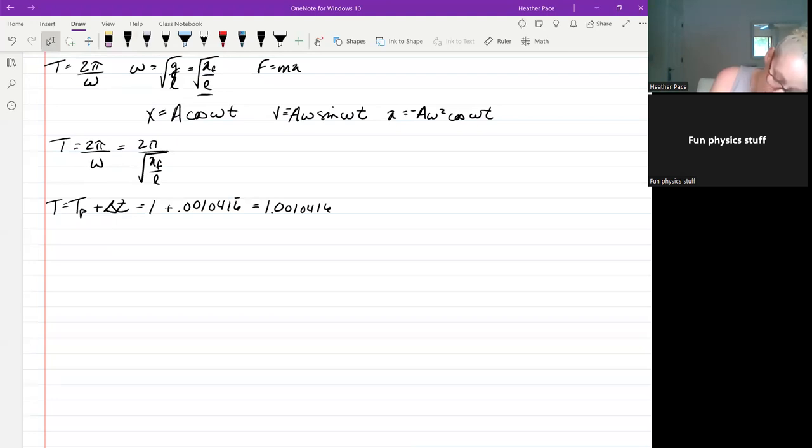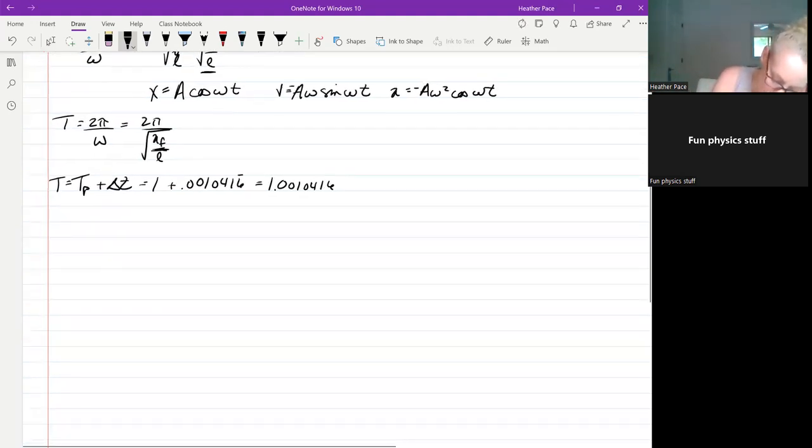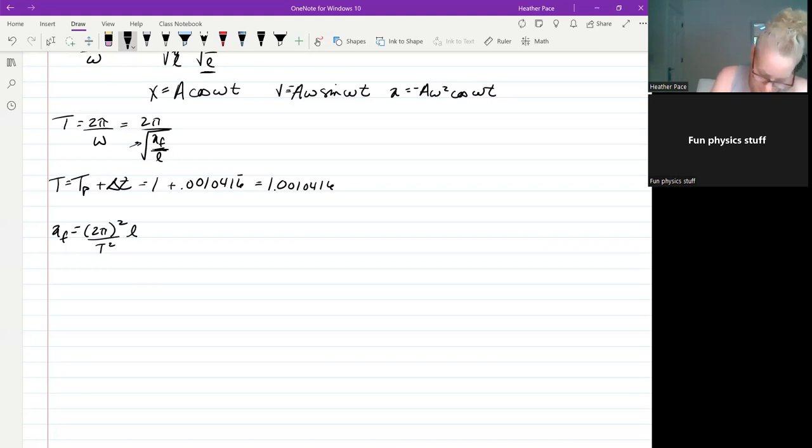All right, so we're solving for this. Let's rearrange and solve for that. We're going to have to square both sides to get rid of our 1/2 here. So we end up with a_F equals 2 pi squared over T squared, times L. And of course, we have T as this.